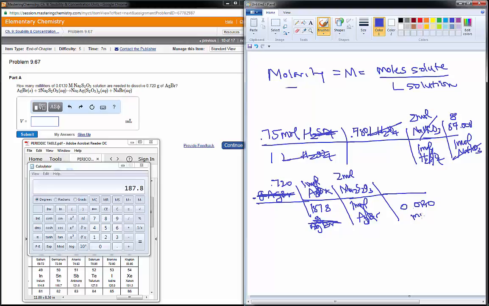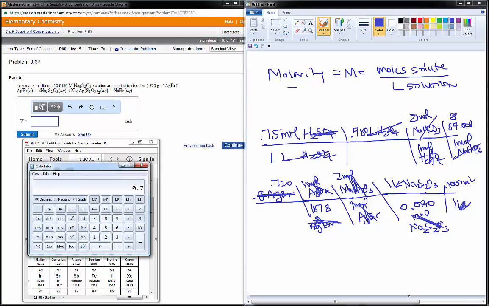0.0130 moles Na2S2O3 in 1 liter of that solution. So my moles cancel here. And they asked for milliliters, so I'm going to take that one more step here. 1 liter of anything, 1,000 milliliters. My liters cancel.